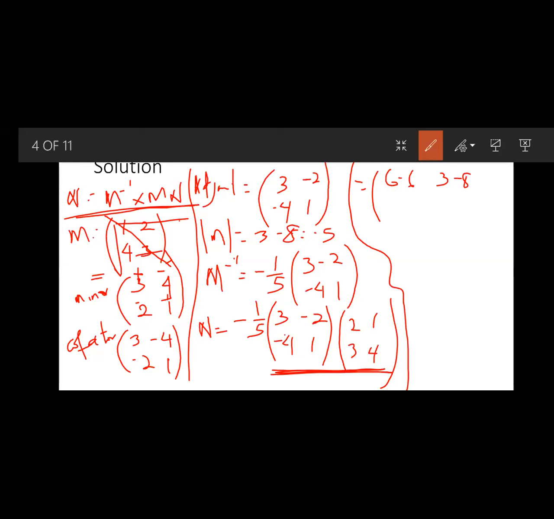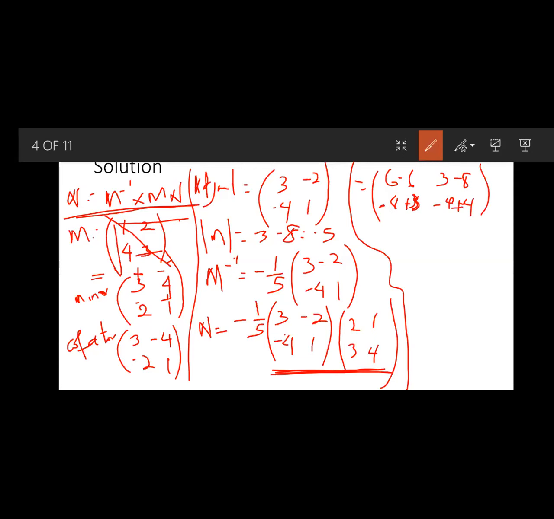The next one, minus 4 times 2, minus 8. 1 times 3, plus 3. So the next one, minus 4 times 1, minus 4. Plus 4 times 1, plus 4.